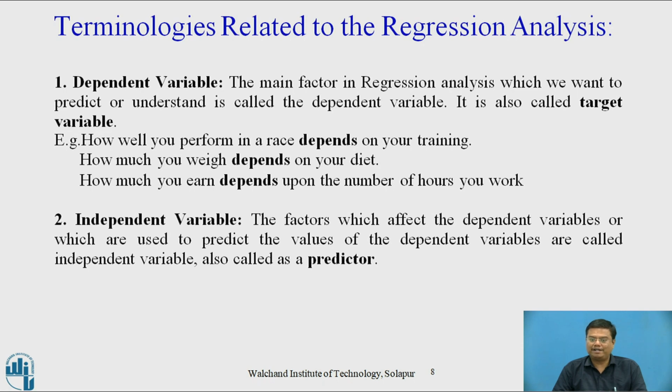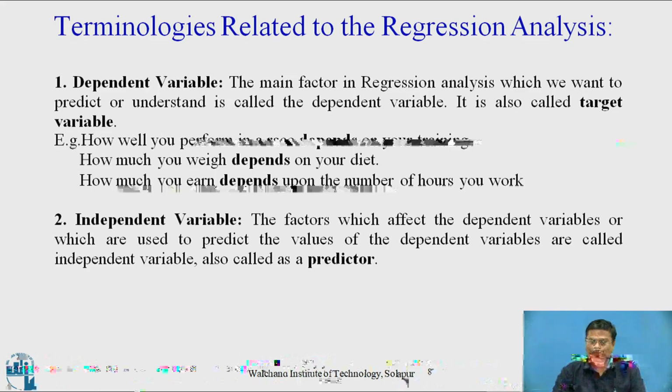How much you weigh depends on your diet. So the dependent variable is weight, and the independent variables are the precautions we are taking for the diet. How much you earn depends upon the number of hours you work. So earnings is the dependent variable, and the independent variable is the number of hours you work.